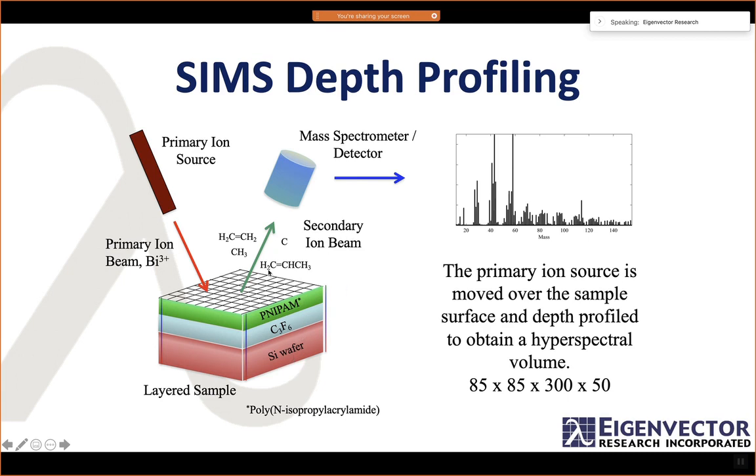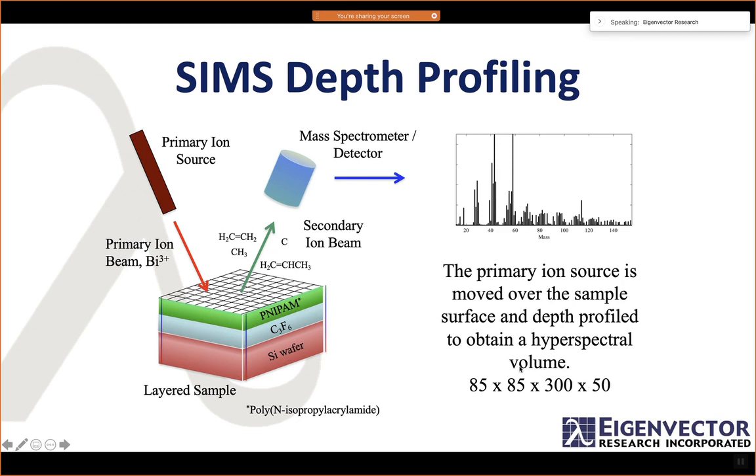For every pixel here, we have a full mass spectrum. That's how secondary ion mass spec works. But this has been depth profiled. And so we wound up with a data set that's 85 pixels by 85 pixels by 300 channels in the mass spec by 50 layers in this image.